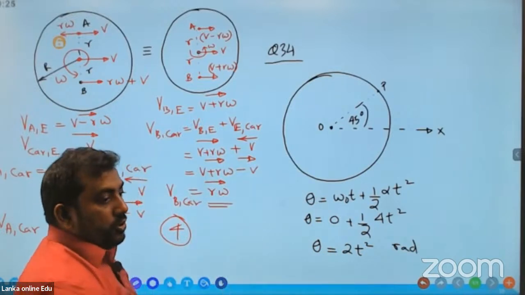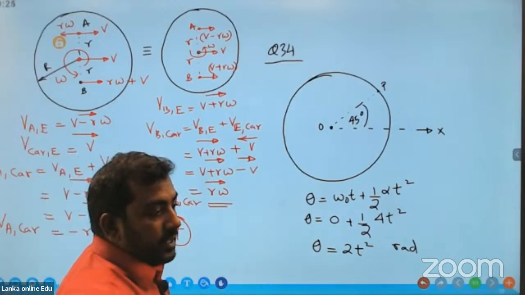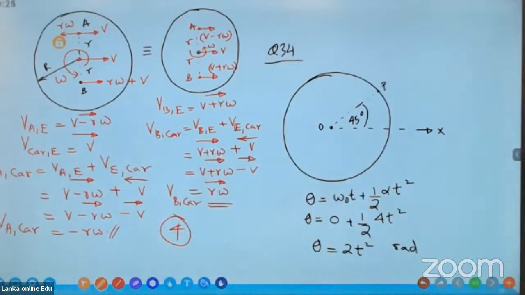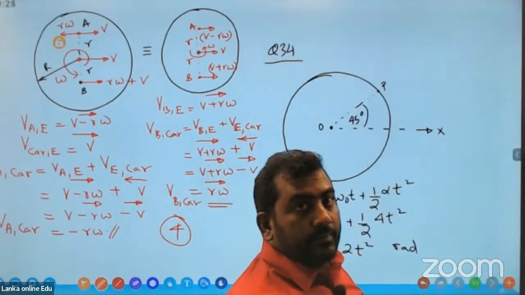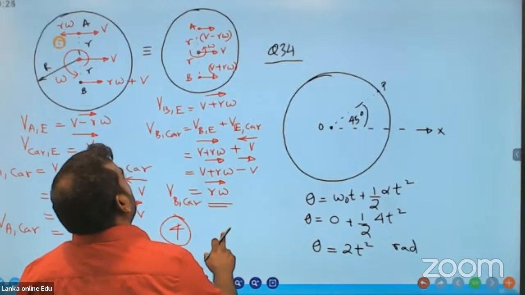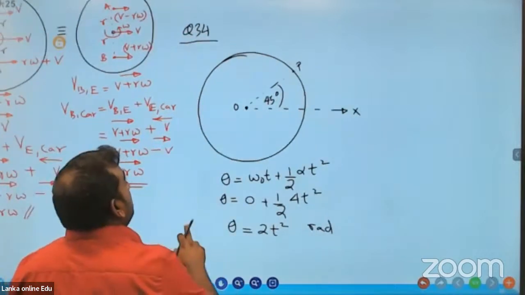That's something that you should understand. Once it is in radians, then you must convert the radians into degrees. How do you convert radians into degrees? You all know this. This is basic work.